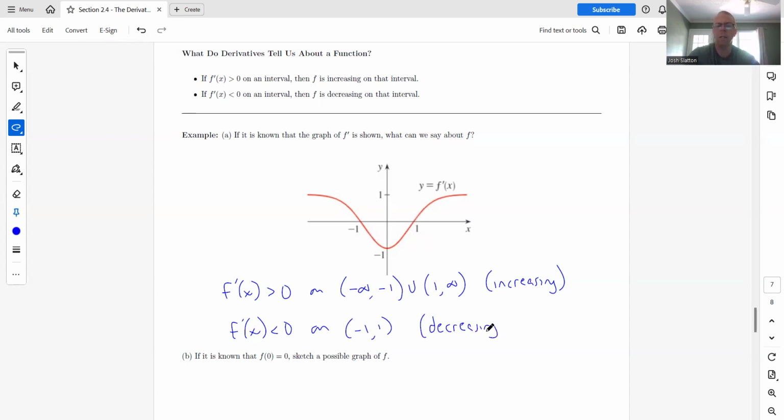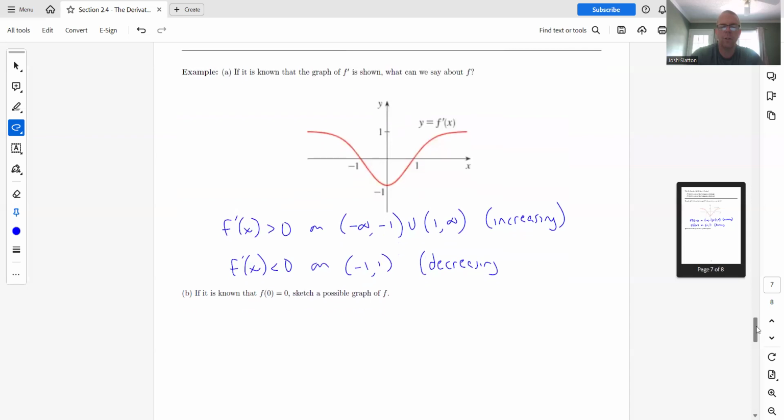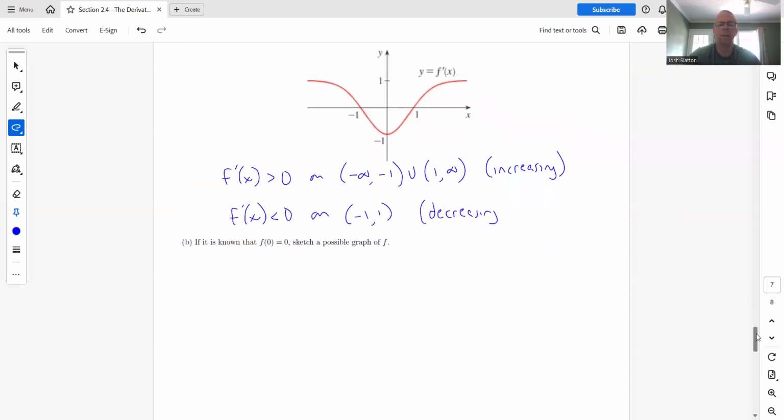So now we can use that to sketch a possible graph of the function. And they give us that f of 0 is 0. The reason I do that is because the vertical part of this doesn't matter. You can't tell vertically where the graph is based on the derivative. All you can tell is it's increasing on these two intervals and it's decreasing on that interval.